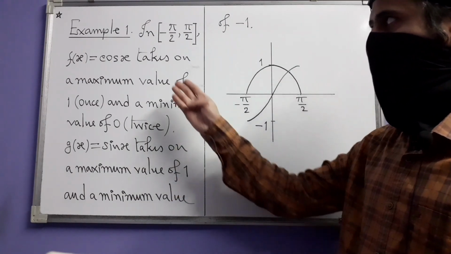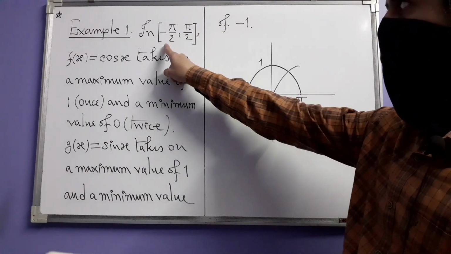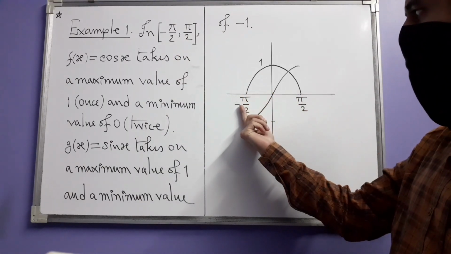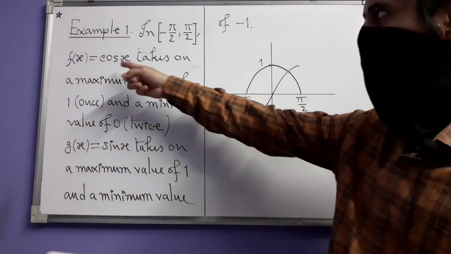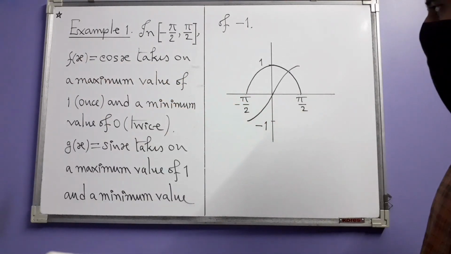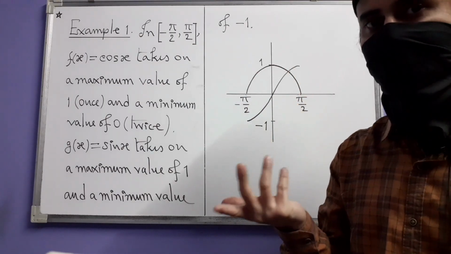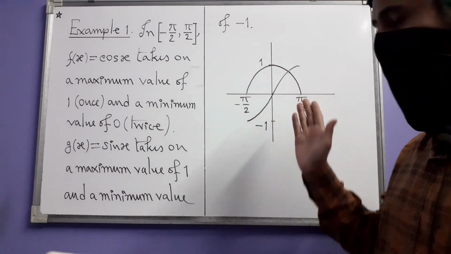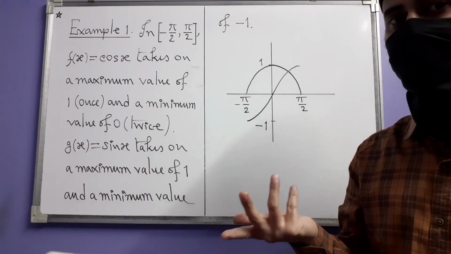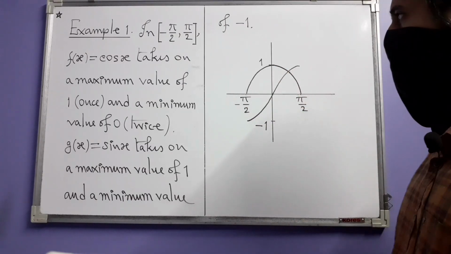And you see that in this first example itself, example 1, where in this closed interval between minus pi over 2 and pi over 2, we consider the function, the cosine function, cos x, whose graph you already know looks like this. Of course, you can understand that I cannot draw the accurate graph. It just shows the shape. That's how it generally looks.